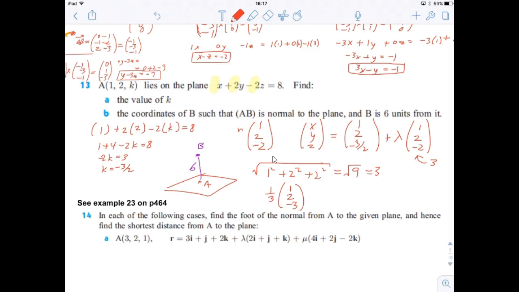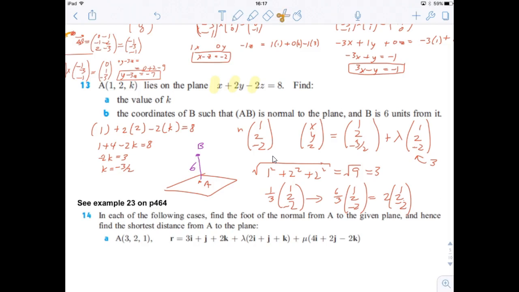So we should take the unit vector and multiply it times 6. So that would be 6 over 3 times (1, 2, negative 2), which is equal to 2 times (1, 2, negative 2). I'm sorry, it's (1, 2, negative 2). Okay, so basically lambda equals 2, right?